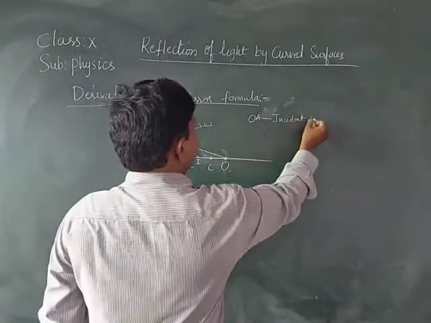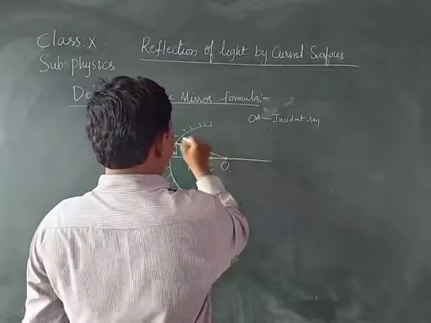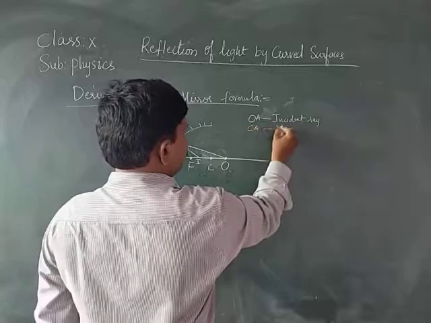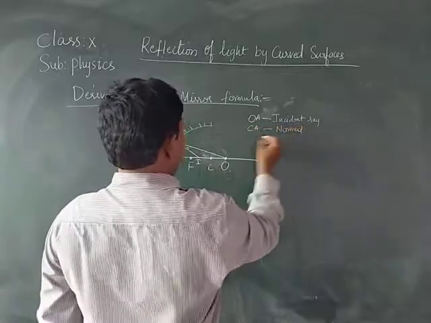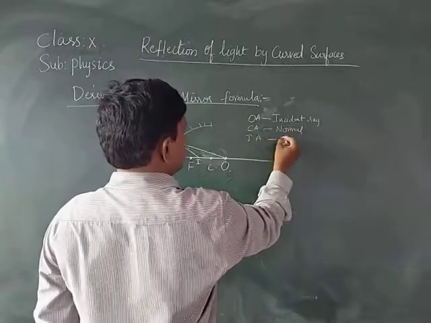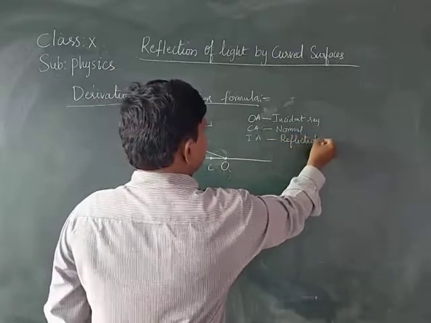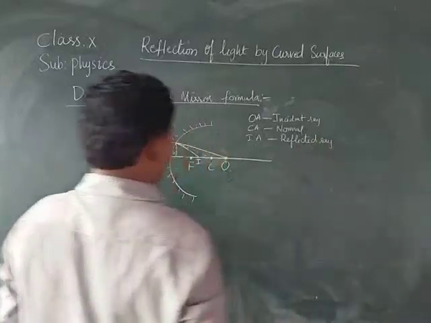OA is the incident ray, CA is the normal, and IA is the reflected ray.